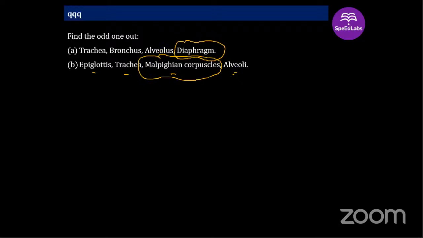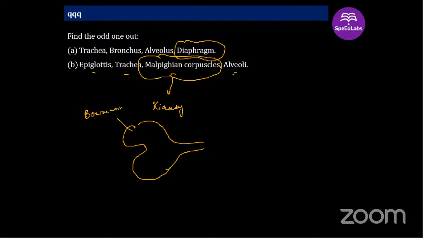Now, Palak, clearing your doubt: what is Malpighian corpuscle? Malpighian corpuscle we find in the kidney, in the nephron to be specific. Do you remember this structure? What is this cup-shaped structure? Bowman's capsule.